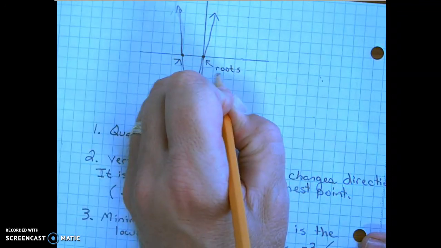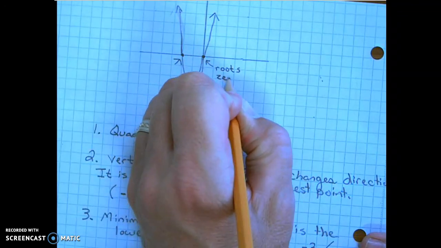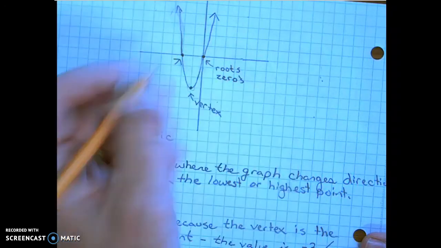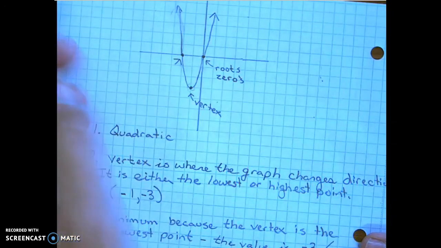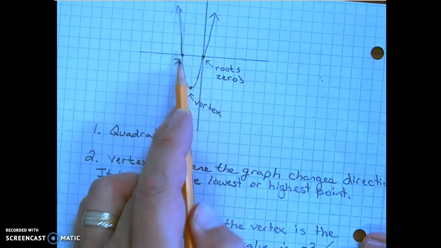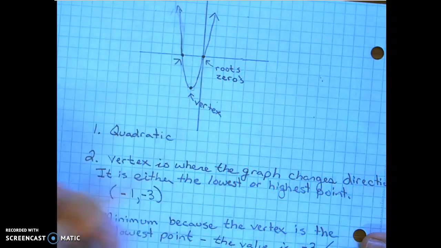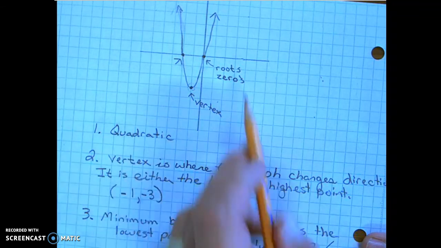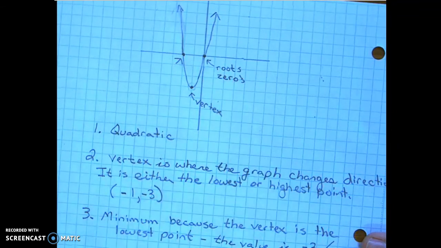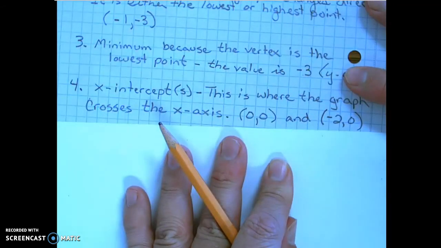Another name we call them is zeros. And sometimes when we're solving an equation, looking for what x equals, we would call them solutions. But we'll talk more about that later. You do need to know that x-intercepts are also known as roots and zeros for right now. There were 2 of those.